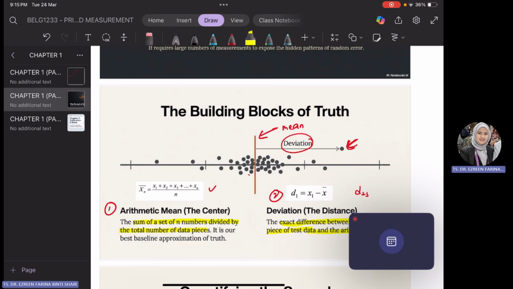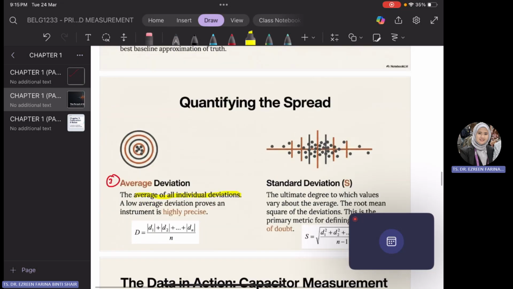When you calculate the average of the deviations, we call it the average deviation. The formula is you add all the deviations, D1 plus D2 until Dn, and divide by n.